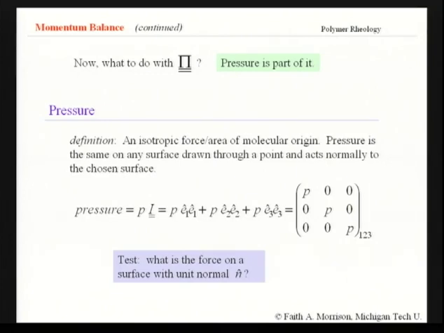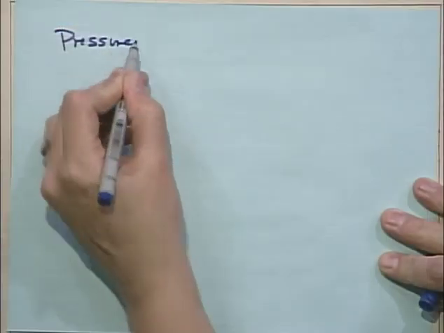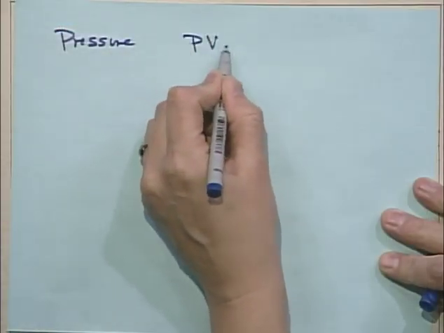Now, there are two parts to the stress tensor, the isotropic stress and the rest. So the pressure is an isotropic stress. And as I pointed out, let me point that out even more clearly. You've heard of pressure, for instance, from the ideal gas law, PV equals nRT.